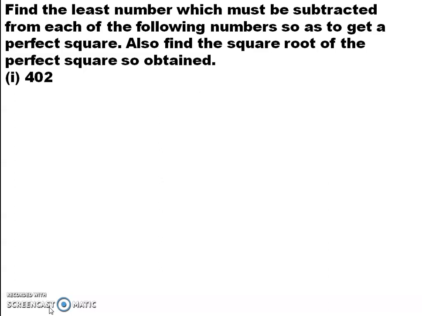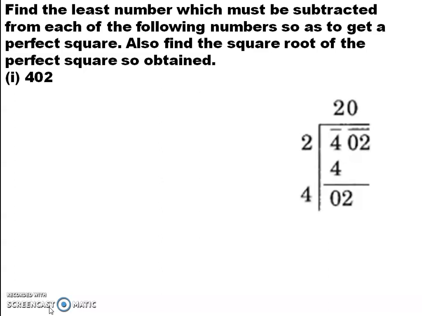Similarly, 402. First do the long division method. Here also we did the long division method and got the quotient as 20 and remainder as 2. I told you subtraction problems are much easier than the addition problem.